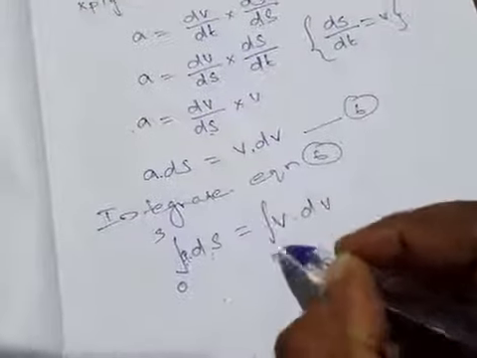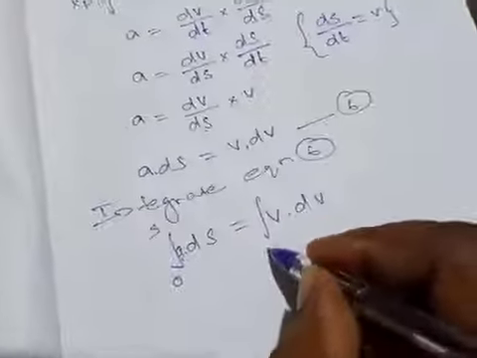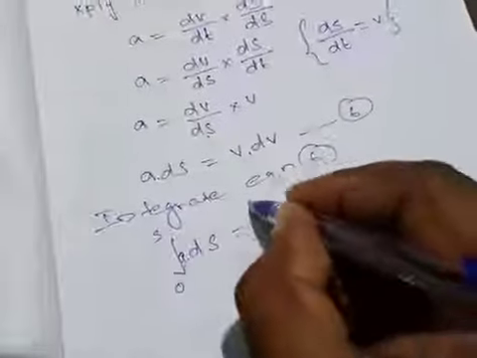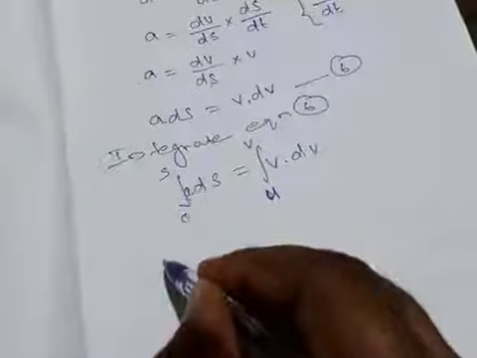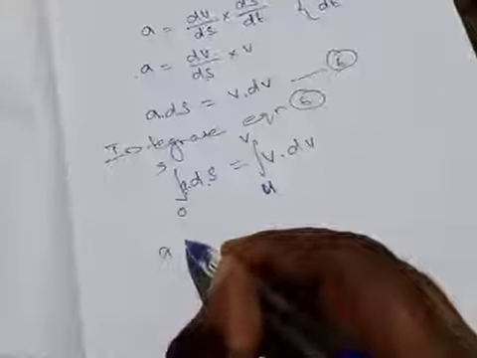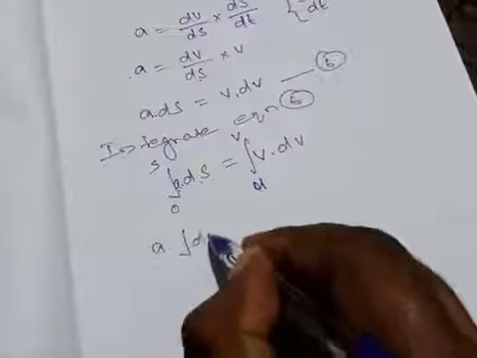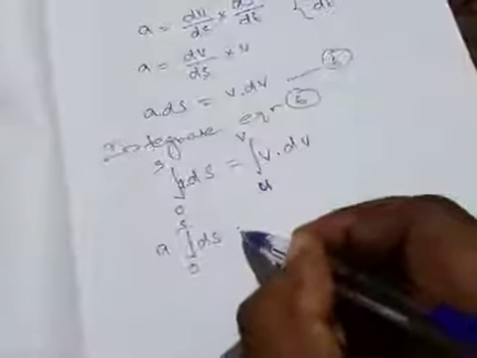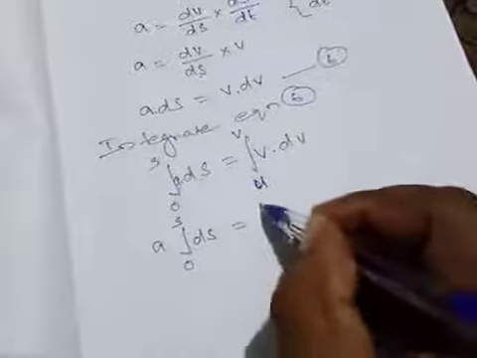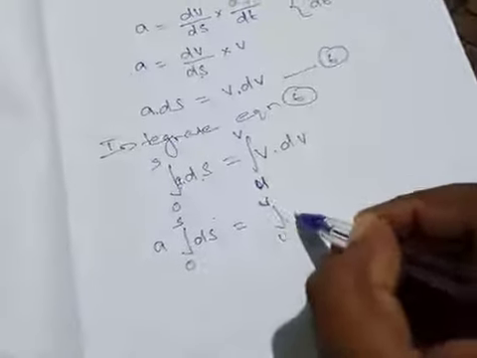Here the limits are not 0, but velocity. Initial velocity is u, final velocity is v. Now here a is constant, take it outside. Only ds is integrating, 0 to s, u to v, v dv.